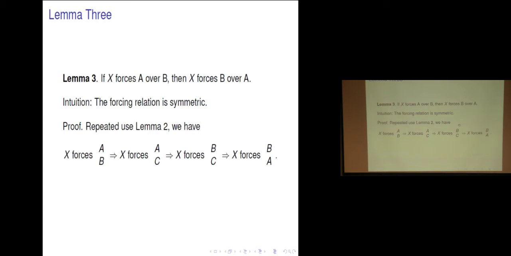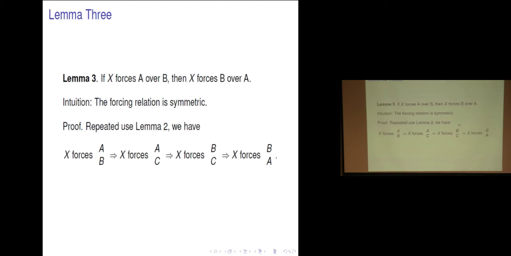I use a diagram to show it. Okay, so if X can force A over B, then by lemma 2, X can force A above anybody. So in particular, X can force A above the third person C, right? So if X forces A over C, X will force C below anybody.